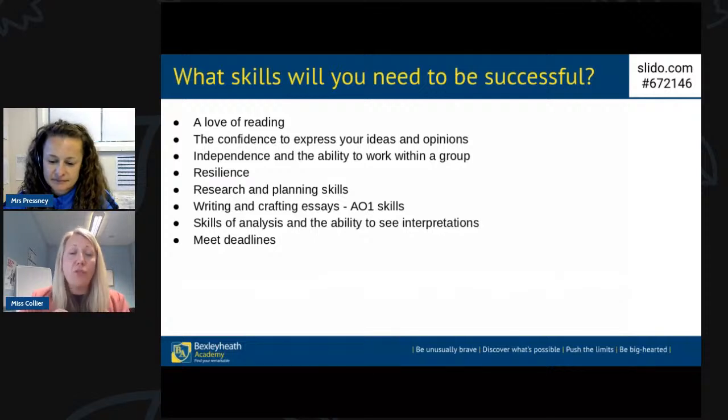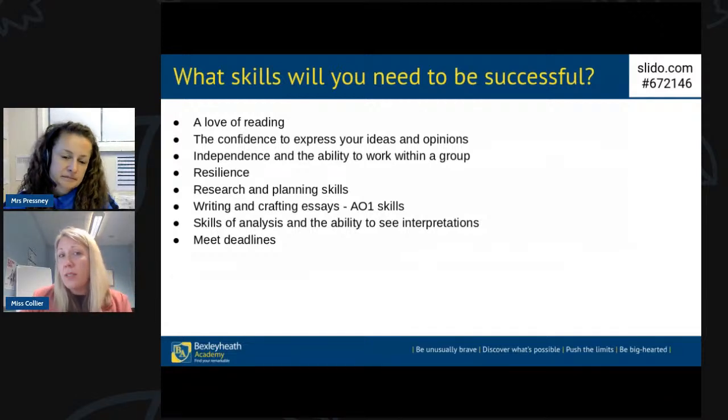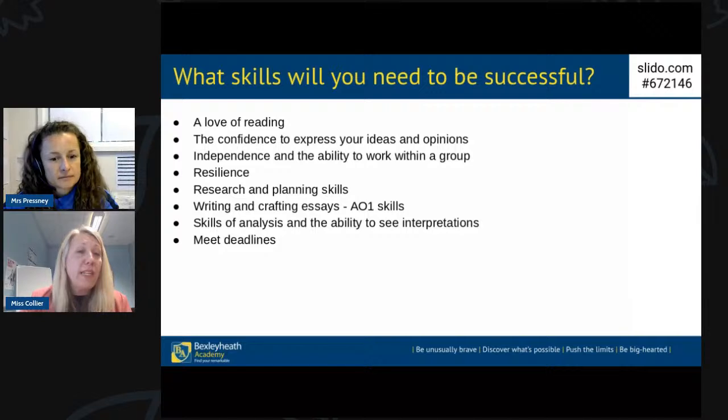But 100%, if you could read Othello or A Streetcar Named Desire in advance, that would be phenomenal. Or generally, when you come for taster sessions and masterclass sessions after the half term, we'll give you a reading list. Any reading that will help develop your understanding of the text we're going to study, anything maybe of an older nature, some of the classics, that would definitely help you.